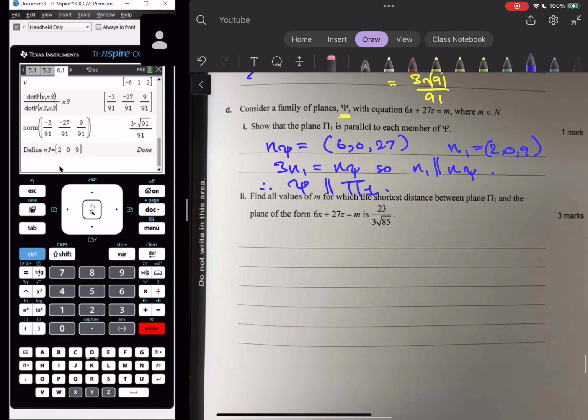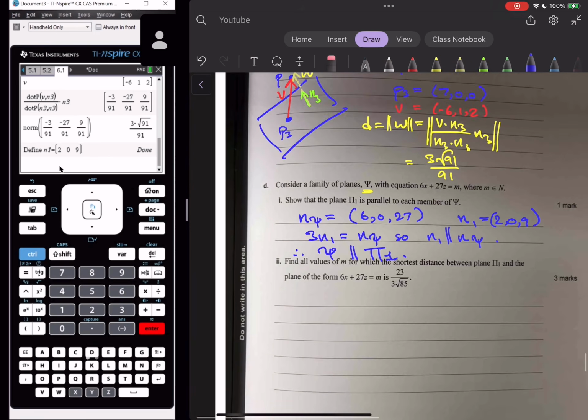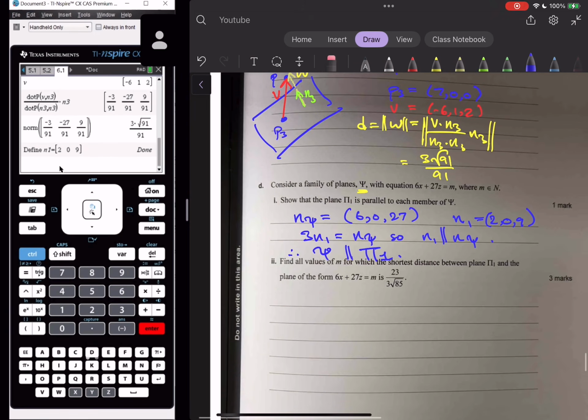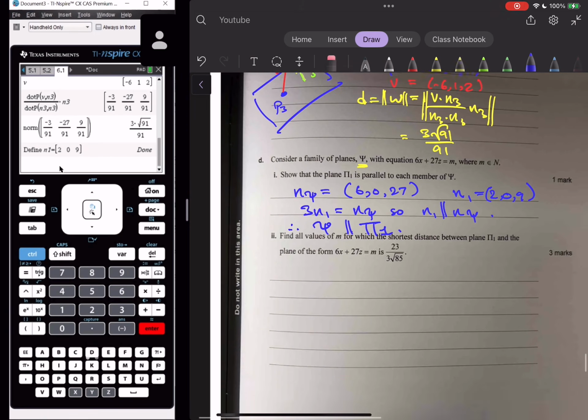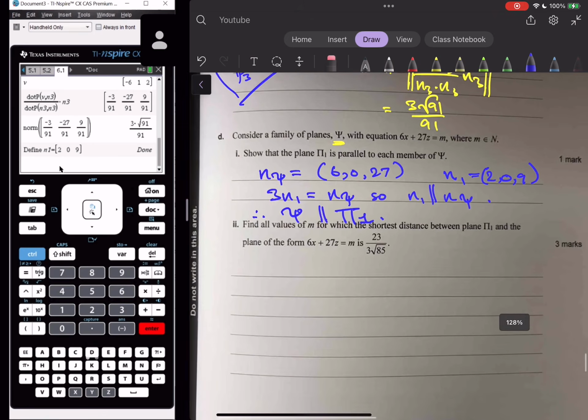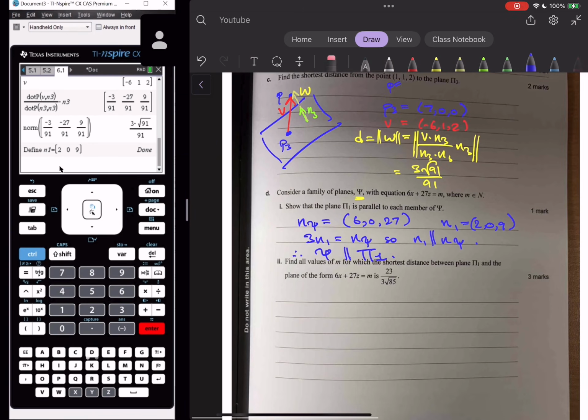find all values of m for which the shortest distance between the plane pi1 and the plane of the form psi is 23 over 3 root 85. Okay, so what we can do, again, there's probably a formula you can use for distance between two planes.